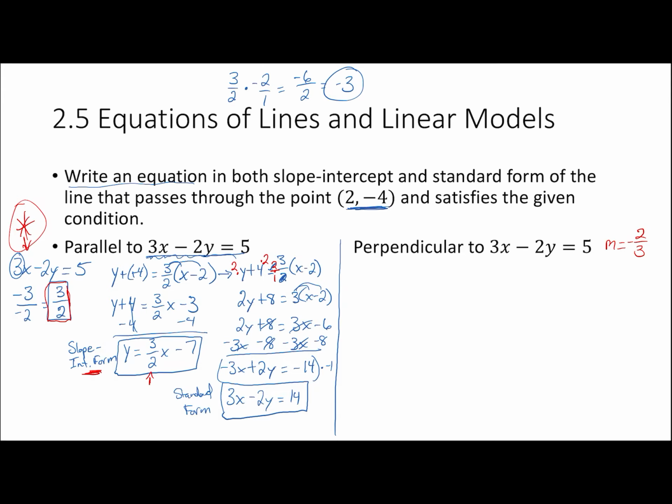So if we take that point and slope and put it into the point slope form, we're going to have y minus negative 4 equals negative 2/3 times x minus 2.